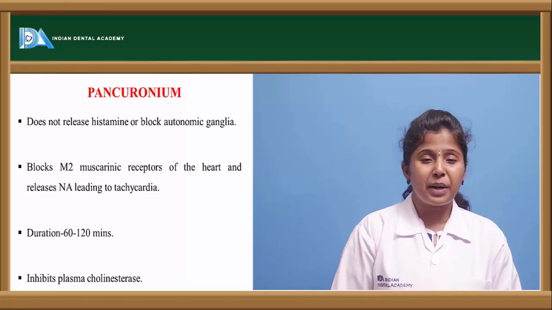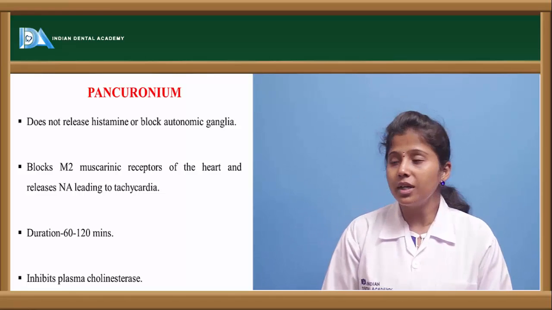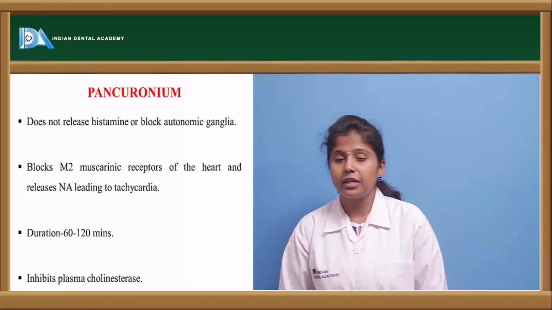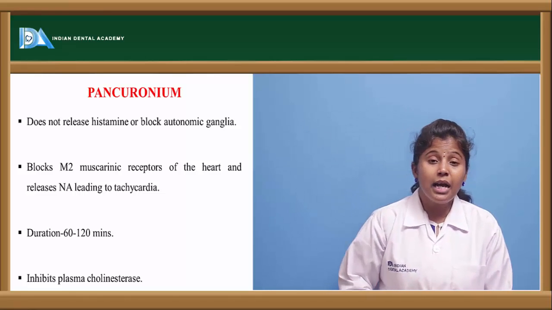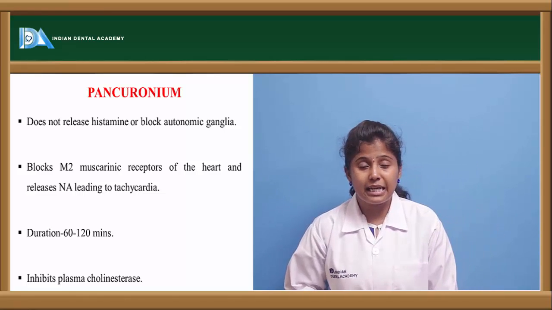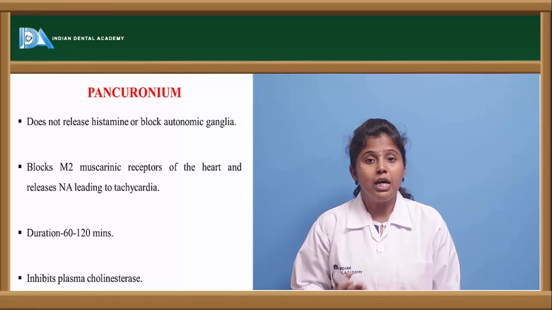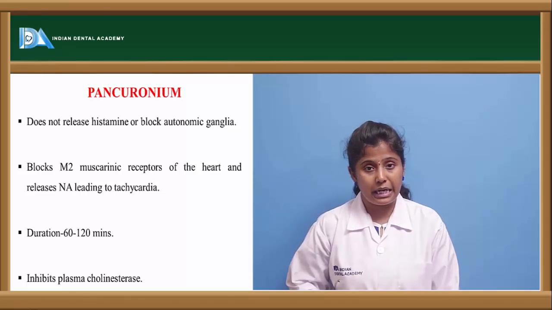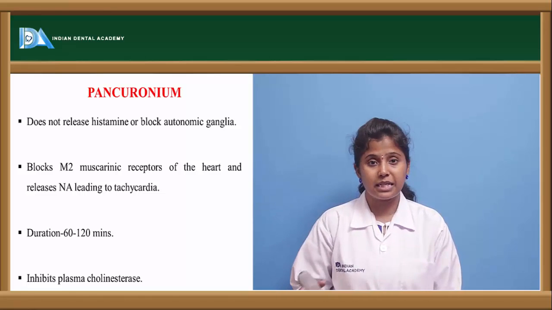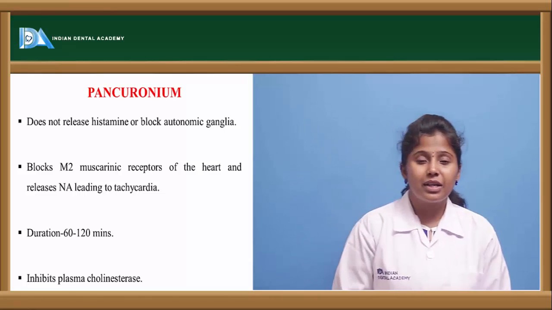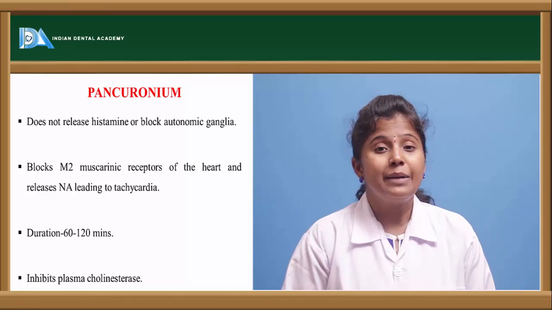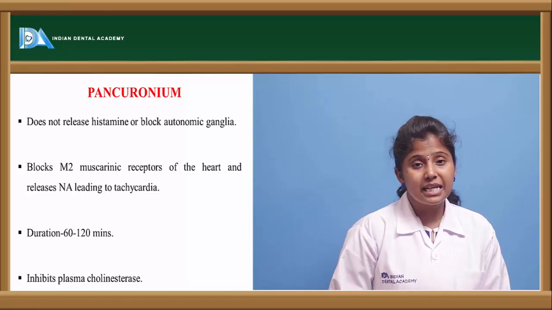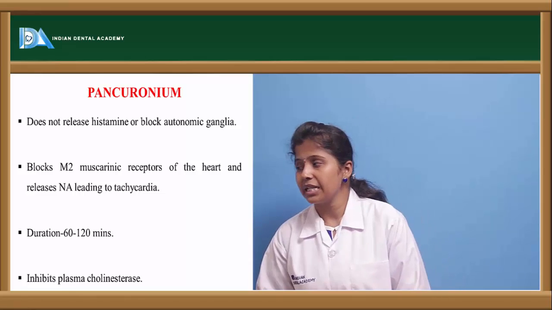The other drug is pancuronium. Pancuronium does not release histamine at all, and it does not act in ganglionic blockade. It acts at the neuromuscular junction. It does not block the receptors at the ganglion, and it does not release histamine either. It mainly acts at the muscarinic receptors which are present in the heart.